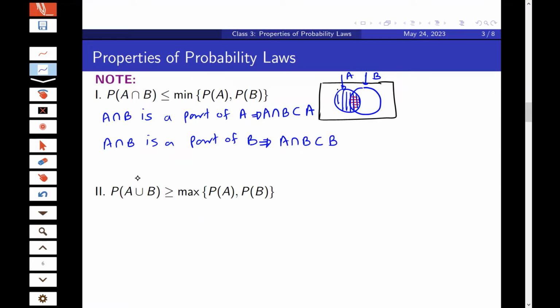So the intersection is going to be a subset of A, and it's going to be a subset of B as well.